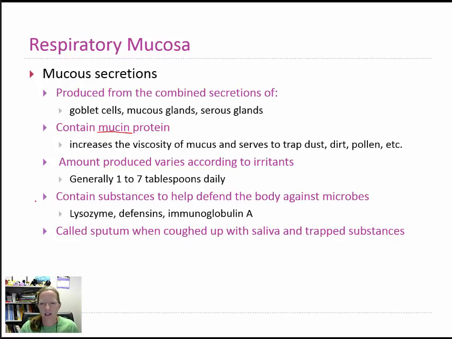What good that is, it's going to serve as a substance that's going to help trap anything that we breathe in, like dust, pollen, dirt, anything like that. So depending on how often we're exposed to irritants, it's going to give us an idea of how much we produce a day.